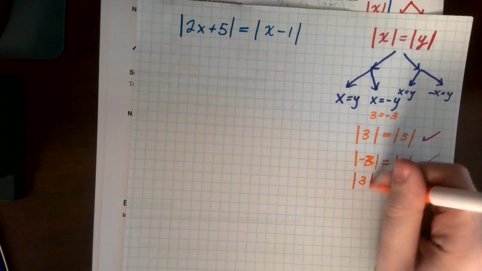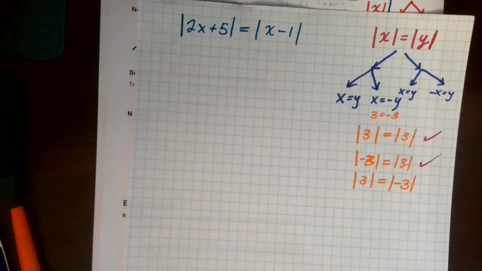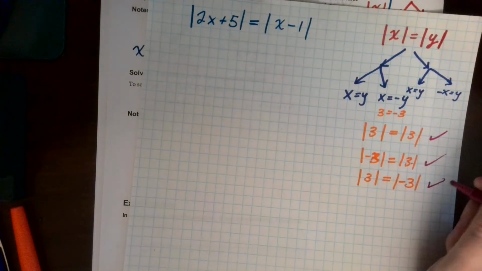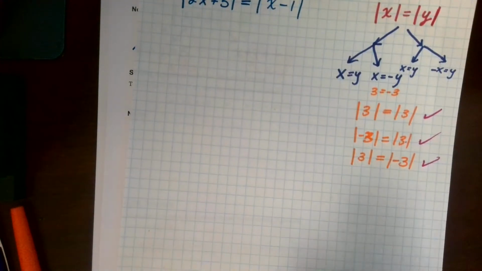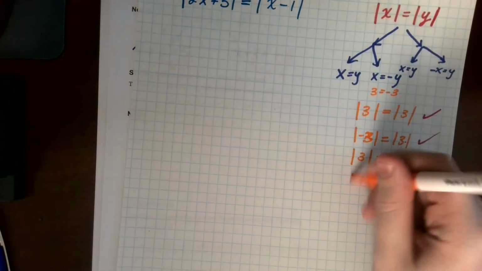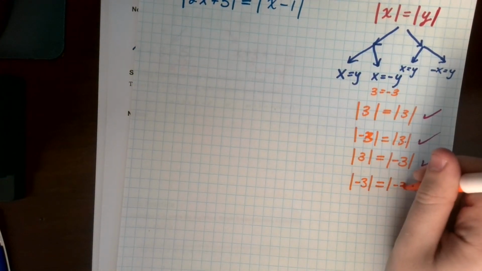What if I switched it around? What if x was positive 3 and y was negative 3? It would still work, because this is still equal to 3, this is still equal to 3. And then, of course, for one last example, what if x is negative 3 and y is negative 3?